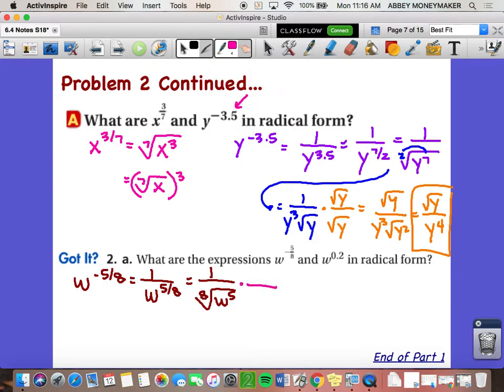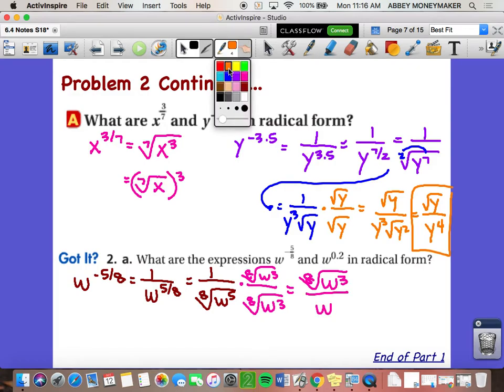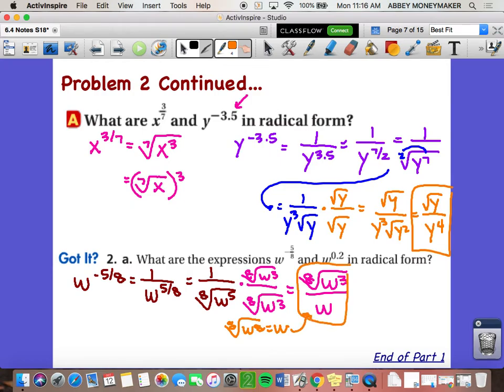I'm going to need a total of 8 w's to get rid of that radical. I already have 5. I need 3 more. So that would give me the 8th root of w to the 3rd all over w. Because this right here would give me the 8th root of w to the 8th, which is just w. And there we are, simplified there.